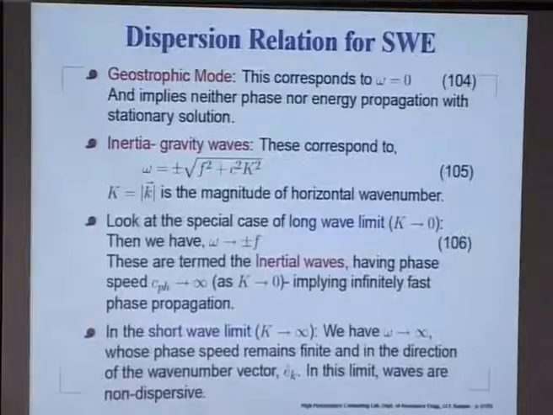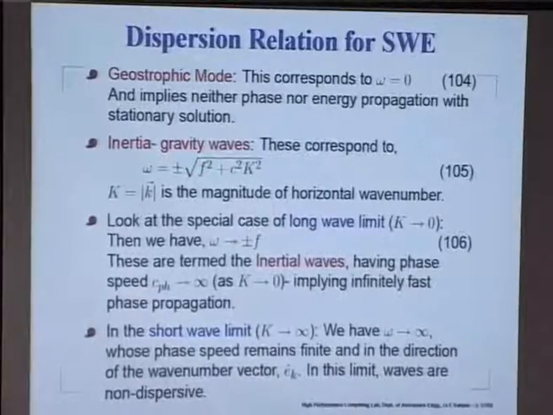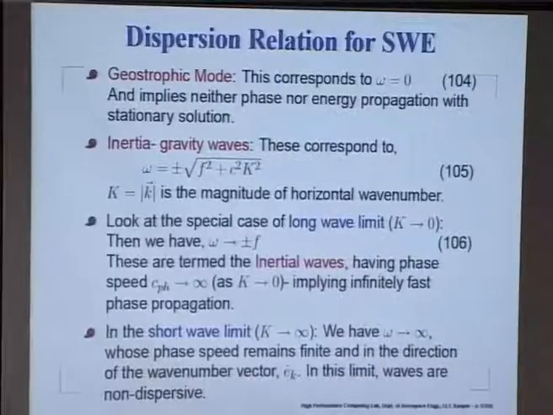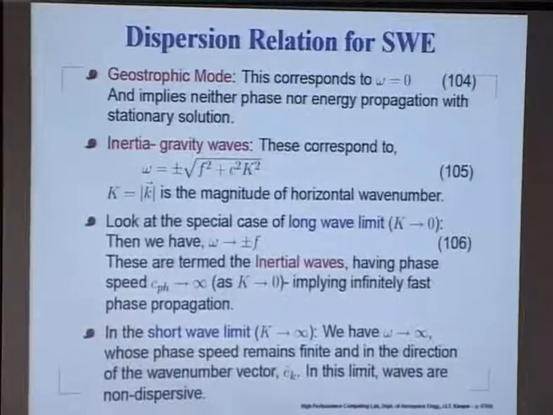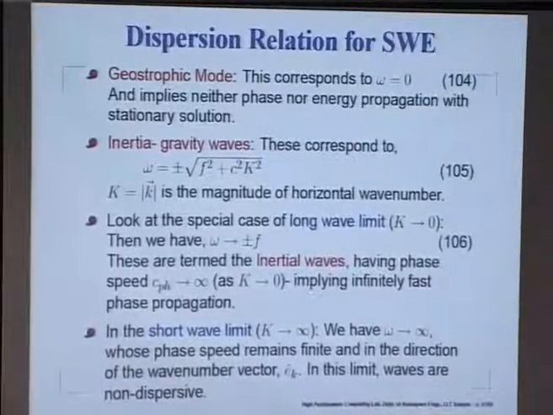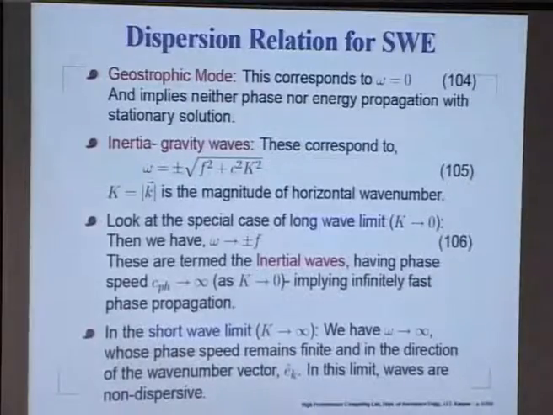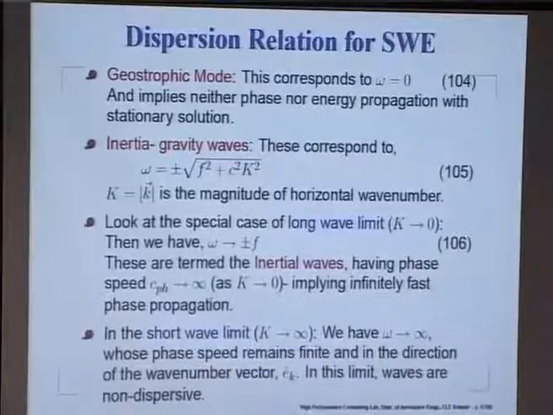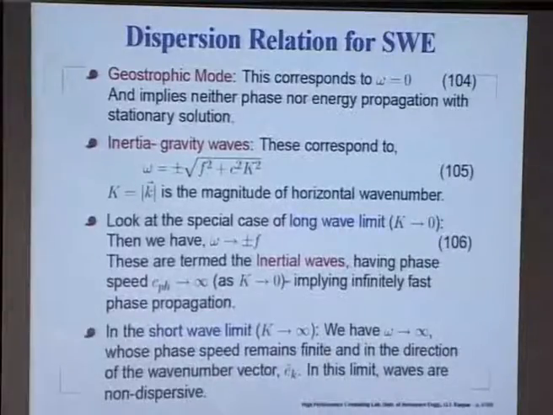In contrast, if you look at the short wave limit, when capital K goes to infinity, then you can very clearly see from equation 105 that omega also will be infinitely large. So, we are talking about very high frequency variation, right.